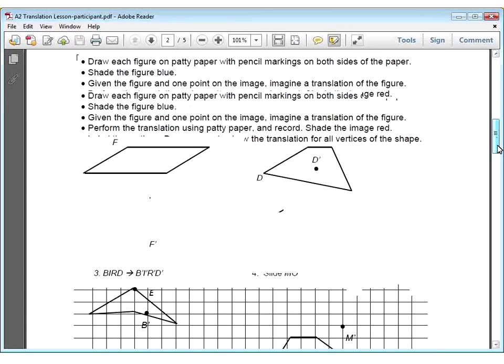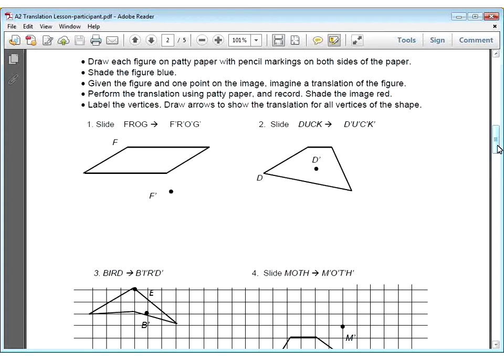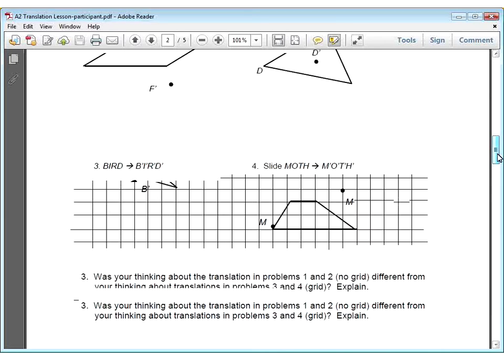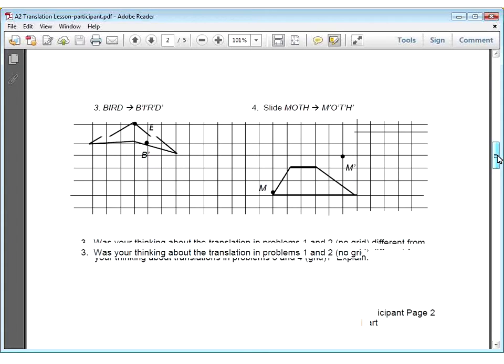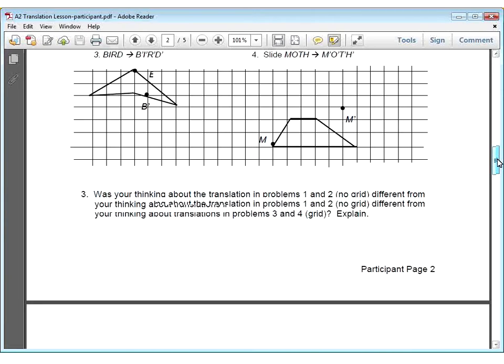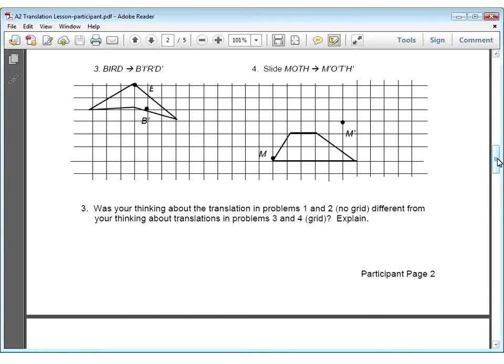When you did this, it asked you to draw arrows. Once you did this a little bit and drew the arrows and labeled everything correctly and got used to it, we went to the next page. What were those arrows that you drew called? Vectors, yes.